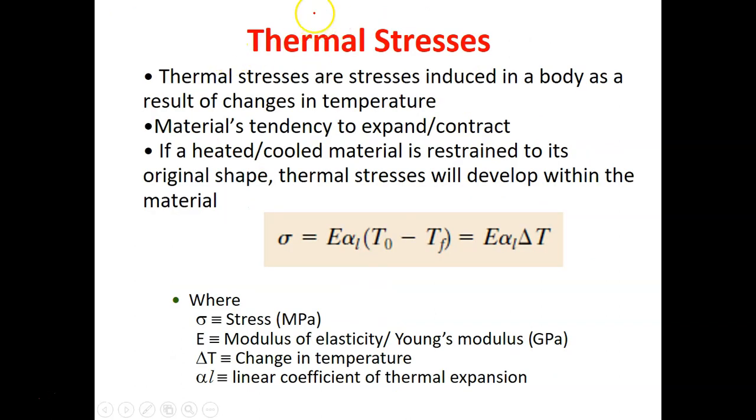Next, I'm going to talk about thermal stresses. Thermal stresses are stresses induced in a body as a result of changes in temperature. Materials also experience stresses, not only humans. Materials express their stresses by either expanding or contracting.